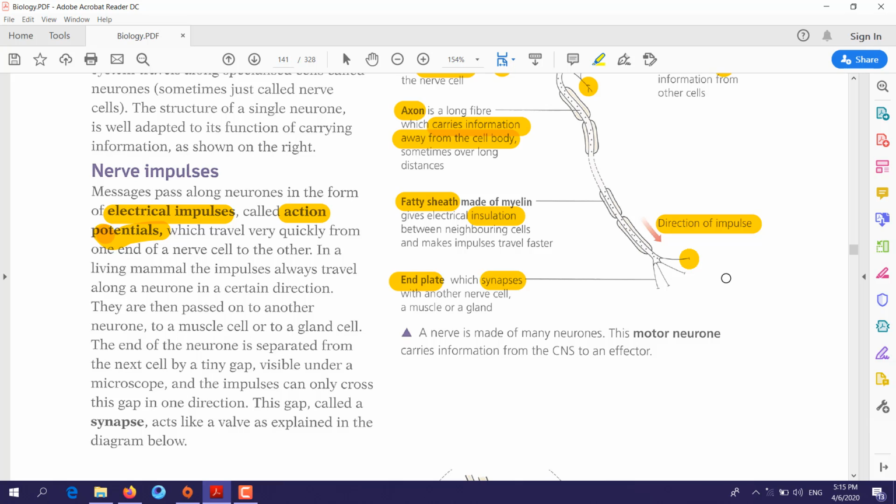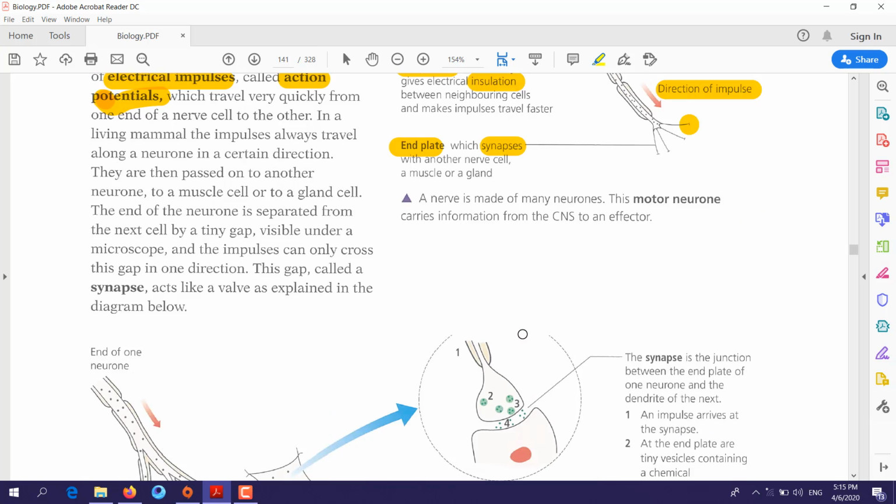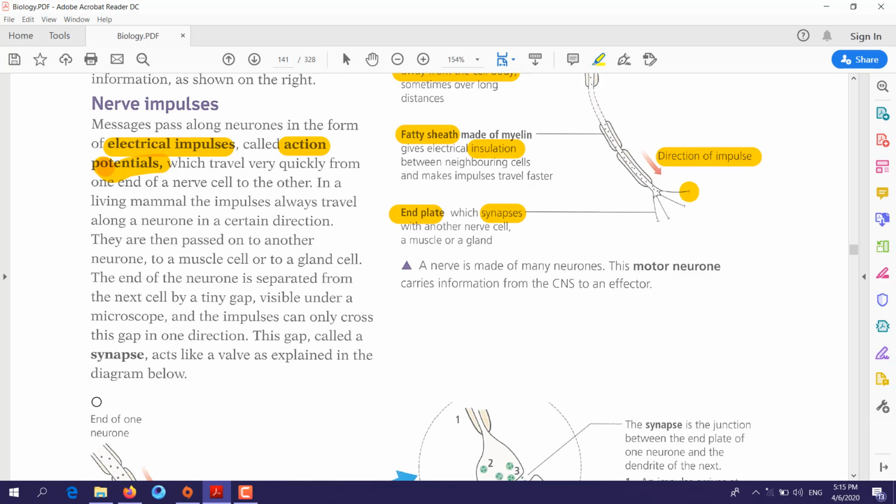But the end plate and the next nerve cell do not touch each other. There is a gap between them. We will explain it here. This gap that we just mentioned, we call it a synapse.